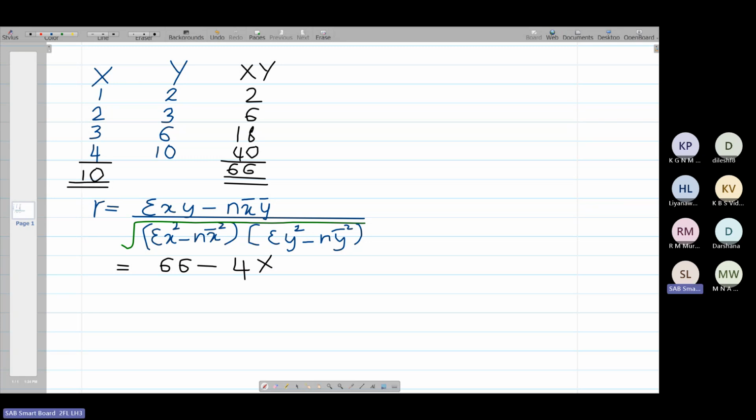Then x bar means the average value, 10 divided by 4, since there are 4 pairs. Then it means 2.5. X bar is 2.5.